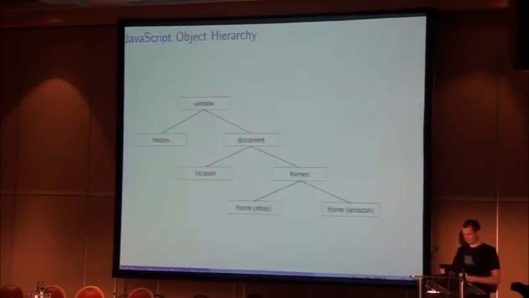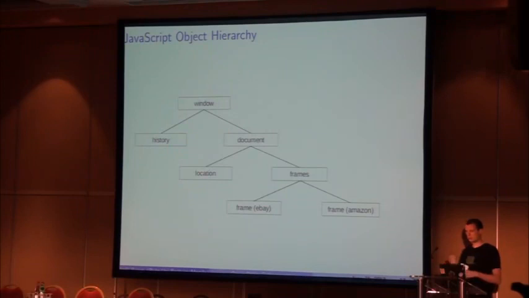Okay, when it comes to JavaScript, we have this kind of object hierarchy. Everything is in the global scope called window, or this for that matter. And it has objects linked as properties to it, like in a neat graph. You have the history, which is not actually accessible, except you can go back and forth with it. You have the document and all its nested objects within that represent the actual current website you're in.